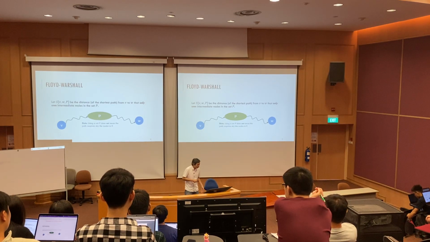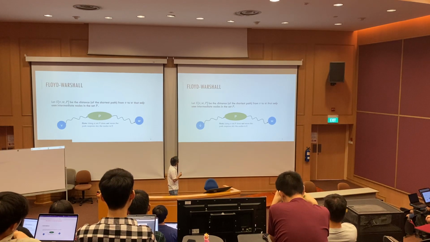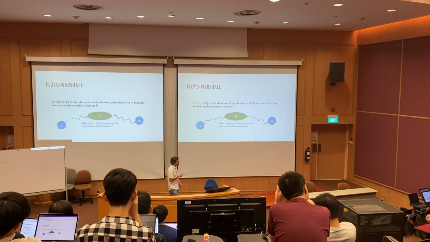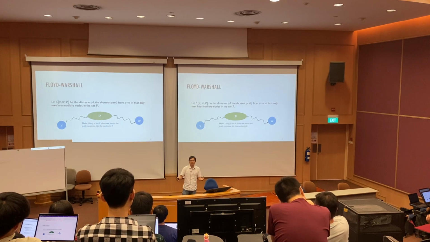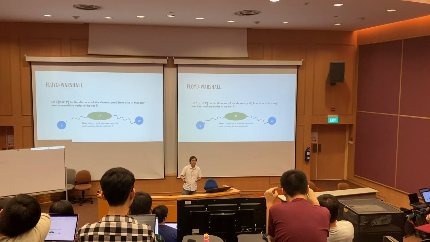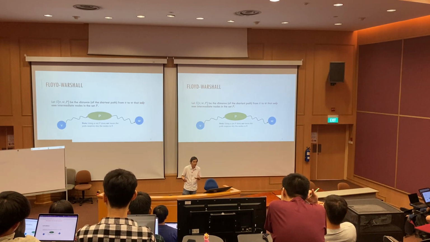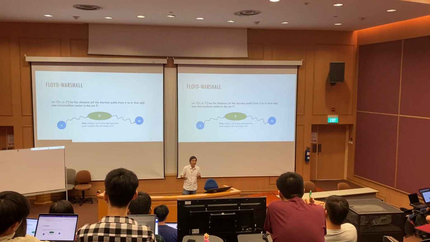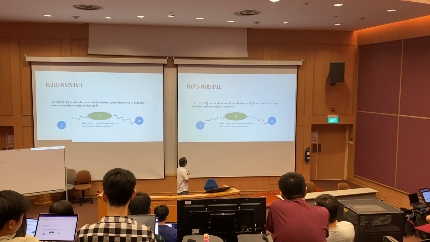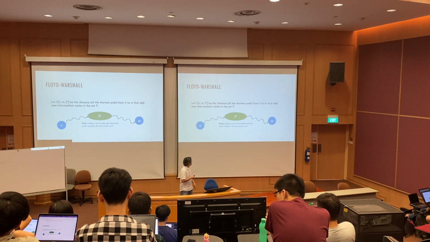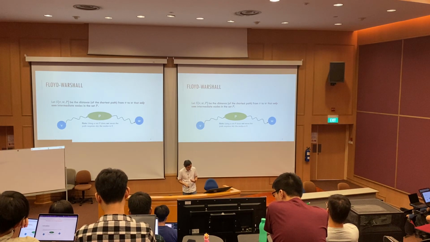It means that S gives you the distance from V to W, and it goes through some of the nodes in P. It can go through all, it can go through none, but it goes through some of the nodes, if any, in P. It doesn't require that you use all of them. This is the shortest distance estimate from V to W using the set P.